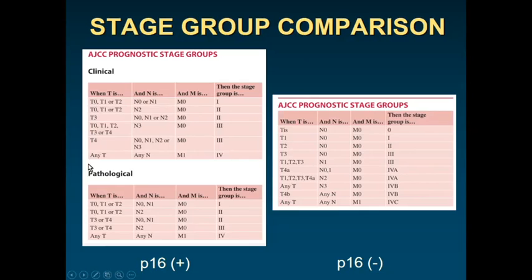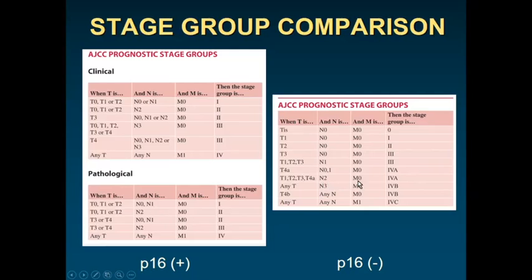So if you just look at this chart, the old staging, the P16 negative, you can see how the T staging is tied very closely to the stage grouping. So T1, stage 1, T2, stage 2, T3, stage 3, and so forth. But the nodal staging has a strong impact on the overall stage grouping. So as soon as you have N1 disease, you're stage 3.